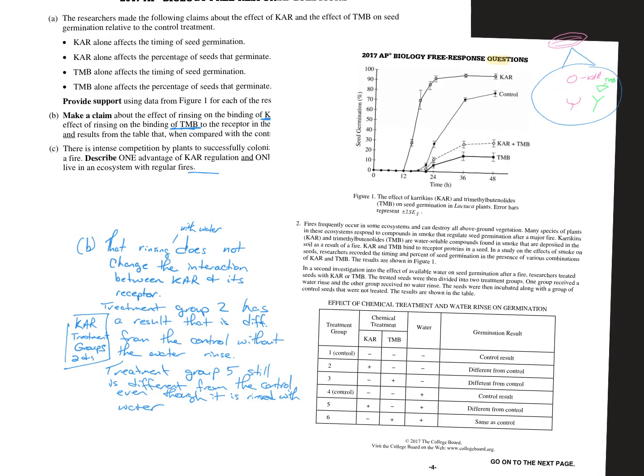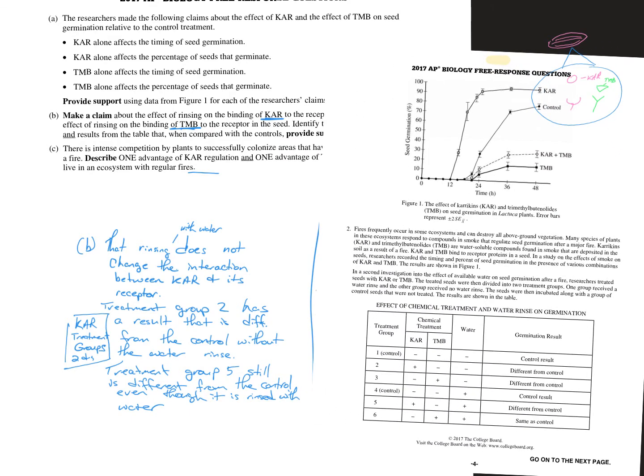1 and 6, right? You'll notice that I'm going to compare treatment group, not 1 and 6, but 3 and 6, because 3 has TMB and 6 has TMB. And of course, group 3 has no water rinse, where 6 has a water rinse.